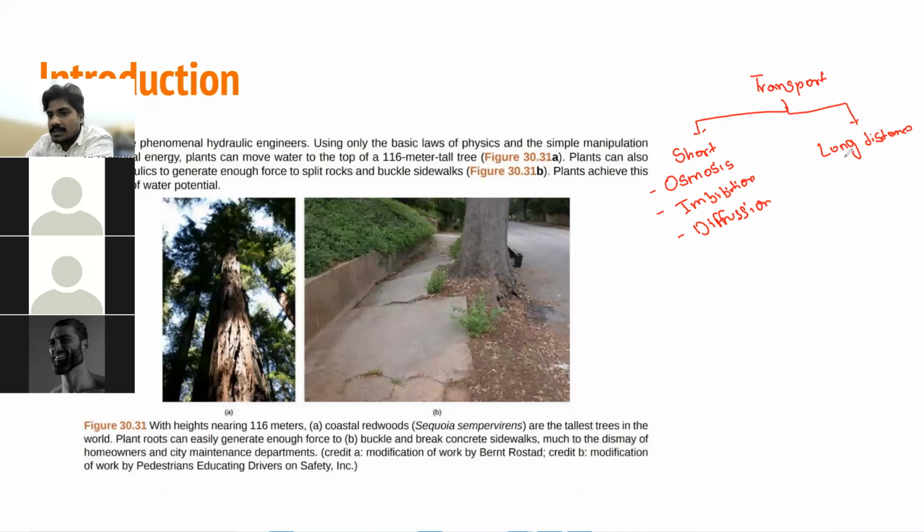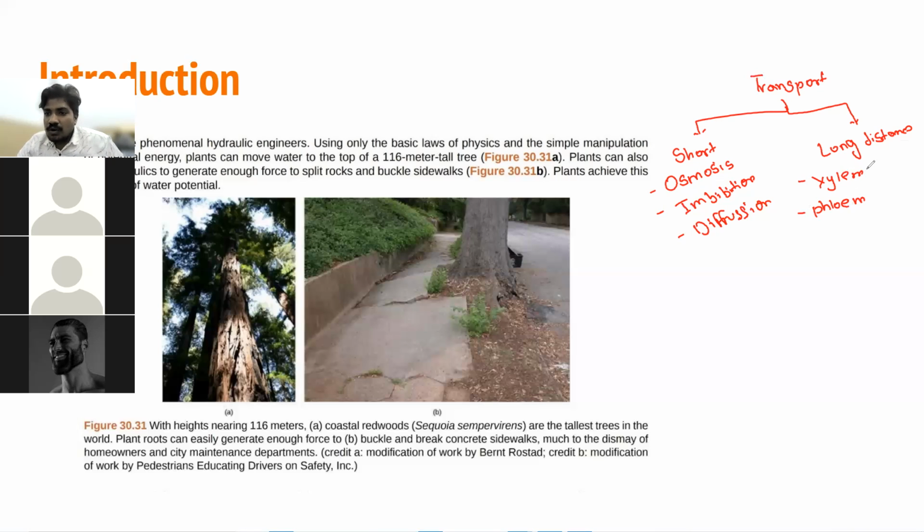And long distance transport includes transportation in the xylem and transportation in the phloem. In this topic, transport in plants, we will focus on all these processes and how they help in the transportation of any matter, organic or inorganic.